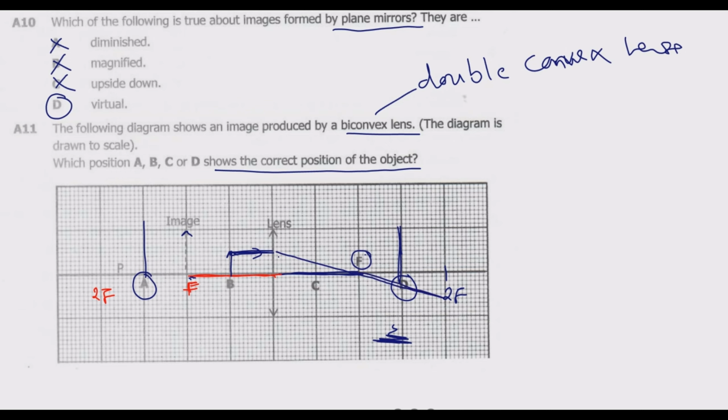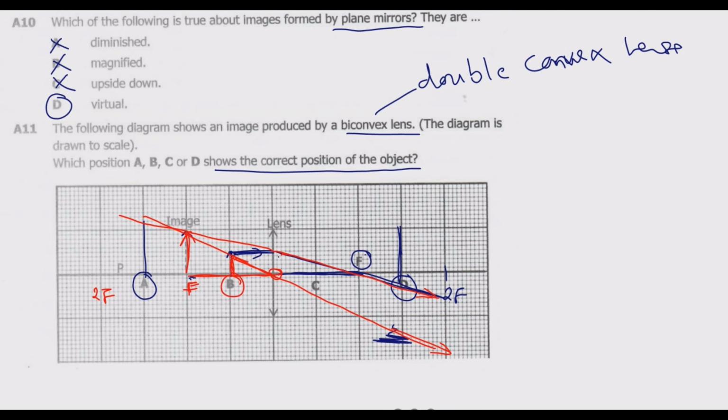Then also another ray passes through the optical center, which in this case here, it will pass like this. So now here there is no room where these two will meet. Since they are not parallel, the only place where these two can meet is on top. So they will come and meet somewhere here. So this is where the image will be formed if the object is at B.